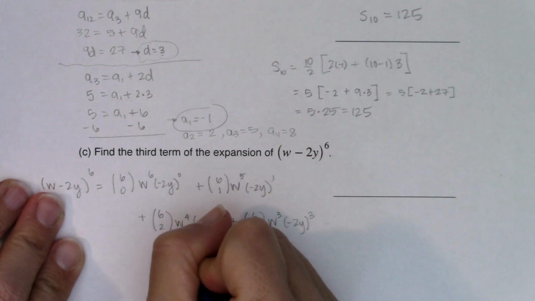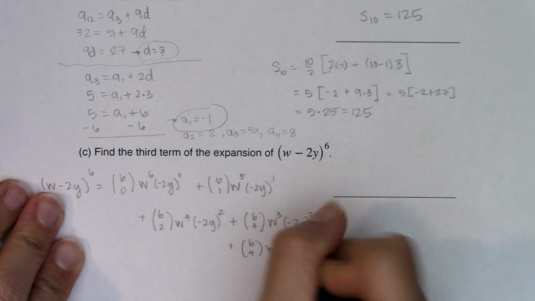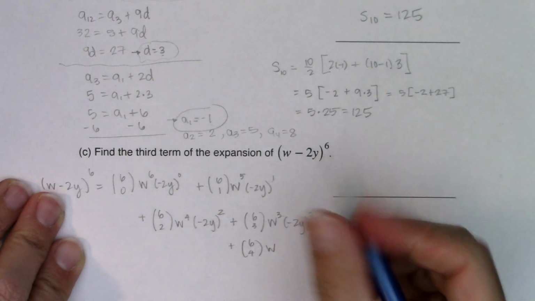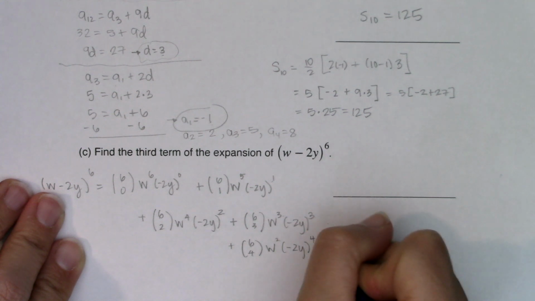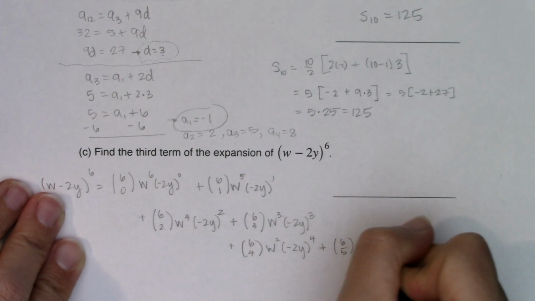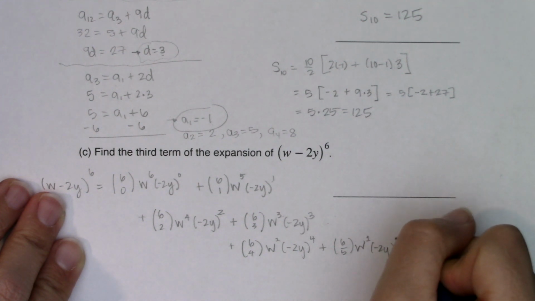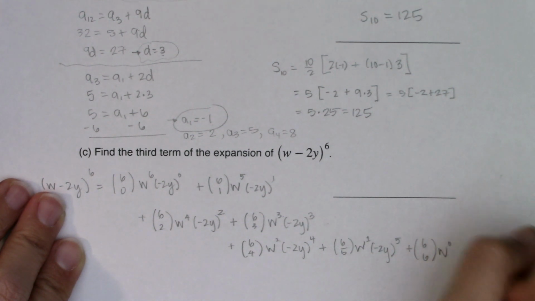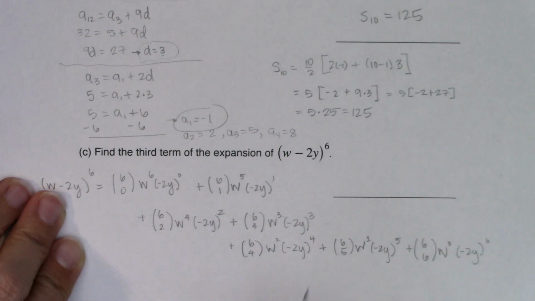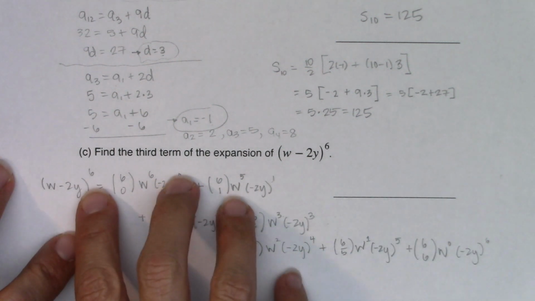So then I've got 6 choose 4. Power on w decreases, powers on negative 2y increase. 6 choose 5. Power on w decreases, power on negative 2y increases, and then last but not least, 6 choose 6, power on w decreases, and the power on negative 2y increases. So if I wanted to expand all of this, that would be this binomial expanded out.